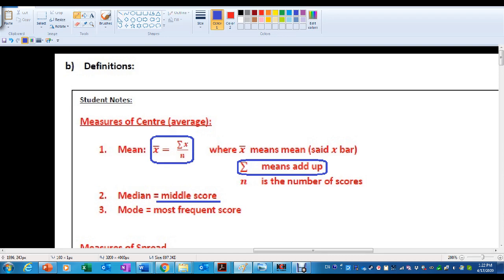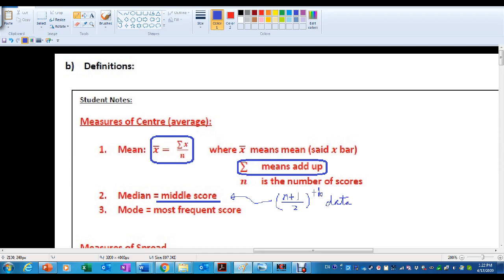How can we find the middle data? There's a formula, okay? So normally, if there are n data, we use n plus 1 divided by 2 to find which data it is. So normally we use that formula, n plus 1 divided by 2, okay?